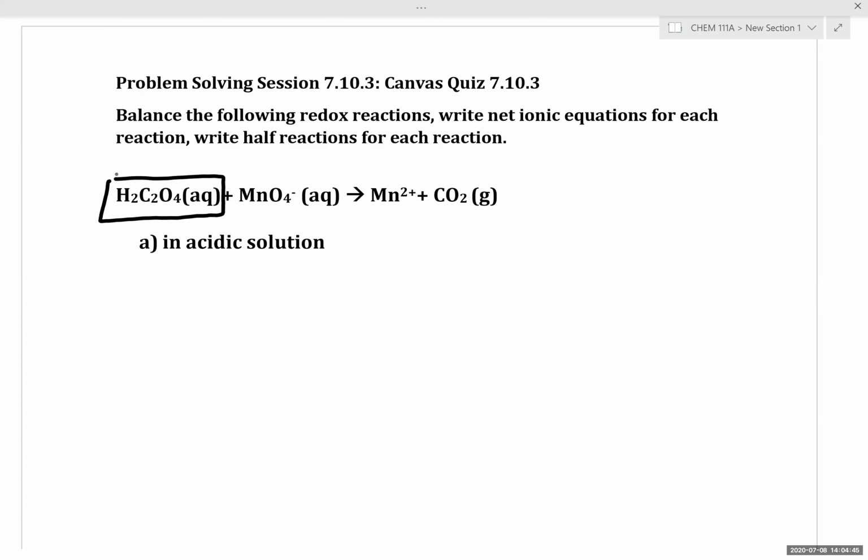And I'd like to see a few proposed half reactions or balanced equations in the chat.